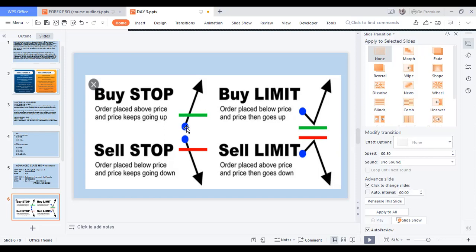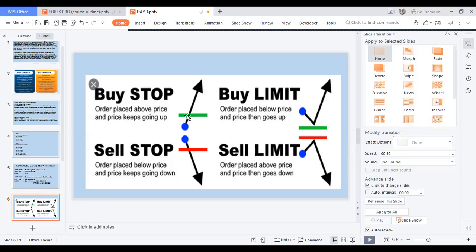This blue dot is where the current condition of the market is. So this green line is a symbol that I have put my line above the current condition of the market. When this arrow strikes the green line, what happens? It means that you are automatically in the market.